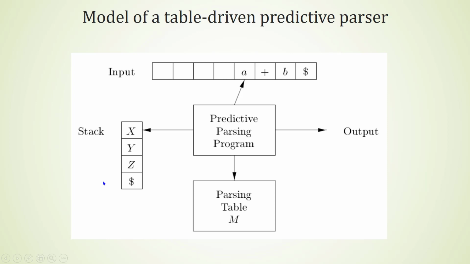We all know there is a pointer called top which points to the top of the stack. If top of the stack points to dollar, the meaning is the stack is empty. Also we have an input buffer where the input string is stored. To denote the end of the string, we use a special symbol called dollar. And we have a parsing program, we have a parsing table, and we will get a parse tree as the output. So here what we are going to study is the working of this predictive parsing program.